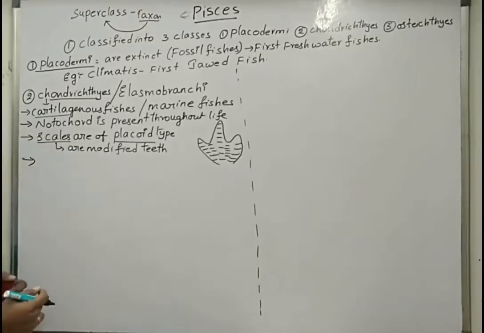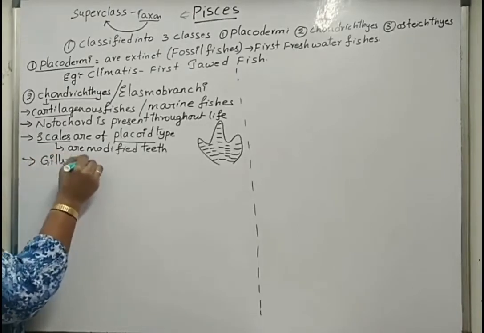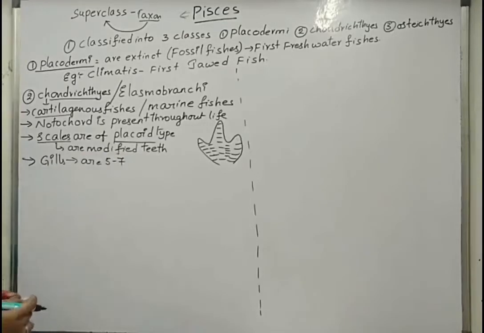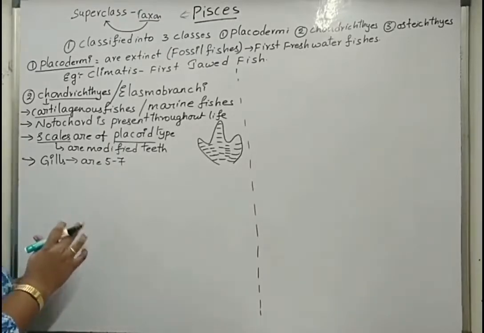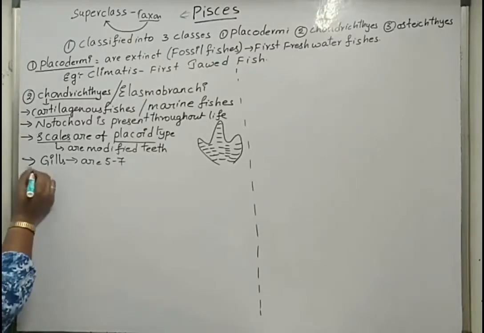Next, pairs of gills are 5 to 7 in number. Mouth is on the ventral surface with head, and the jaw is very powerful, and these fishes are predaceous.